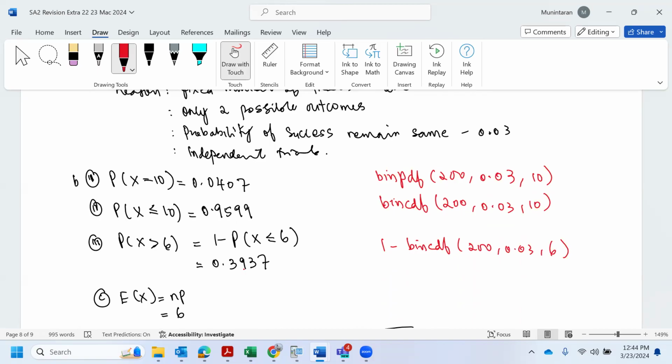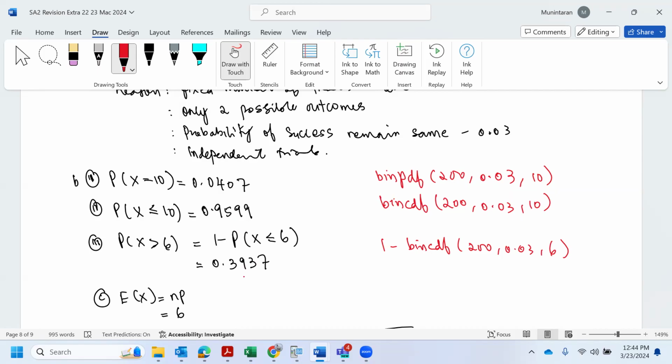So if we times 200 by that probability, we need to have 78 failures in order to have more than 6 failures? Is that what it means? 78 failures? Because 0.3937 times 200 is like 78.74, right? I want to know what does that mean?